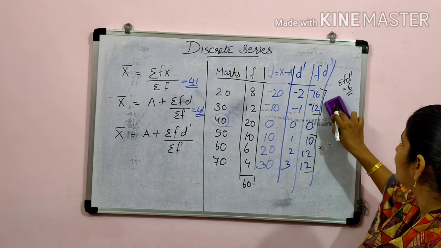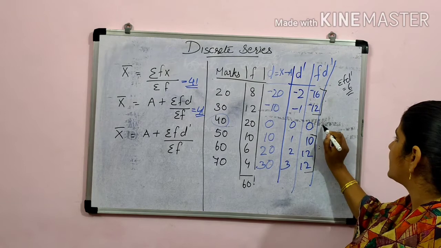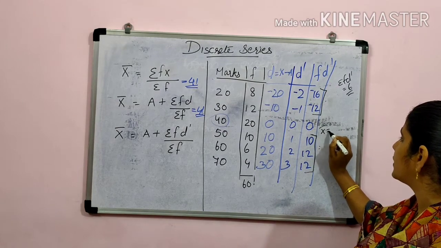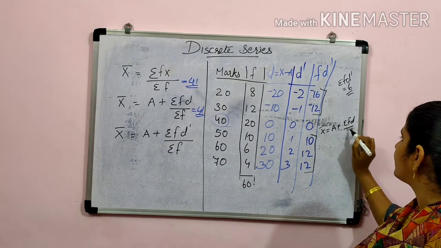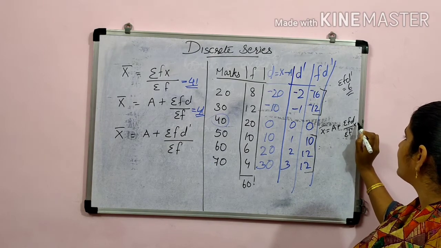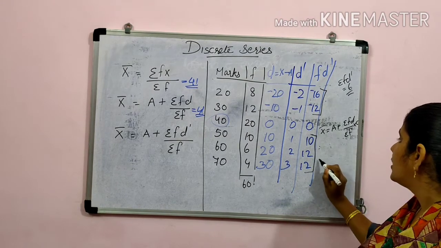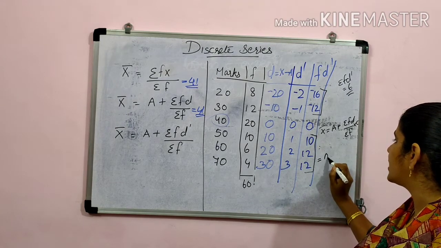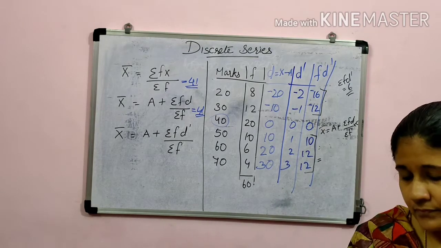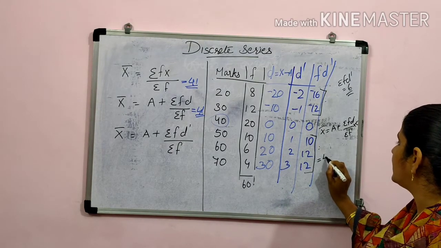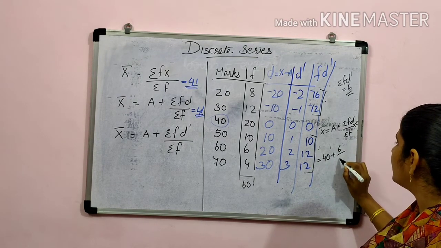Now what is the next step for us? We will put all these values in our formula. x bar is equal to A plus summation of f d dash upon summation of f, multiplied by our common factor. So A, already all of you know, is equal to 40, plus here we got 6 upon 60.